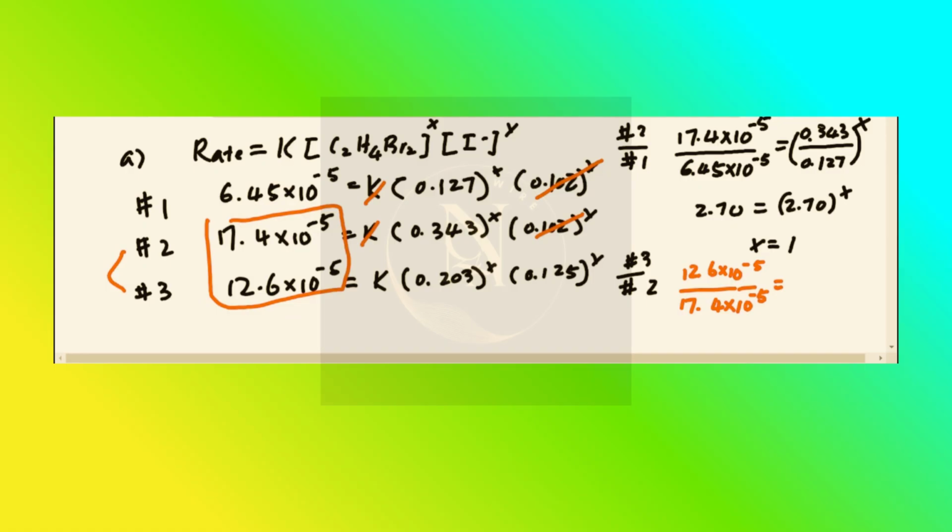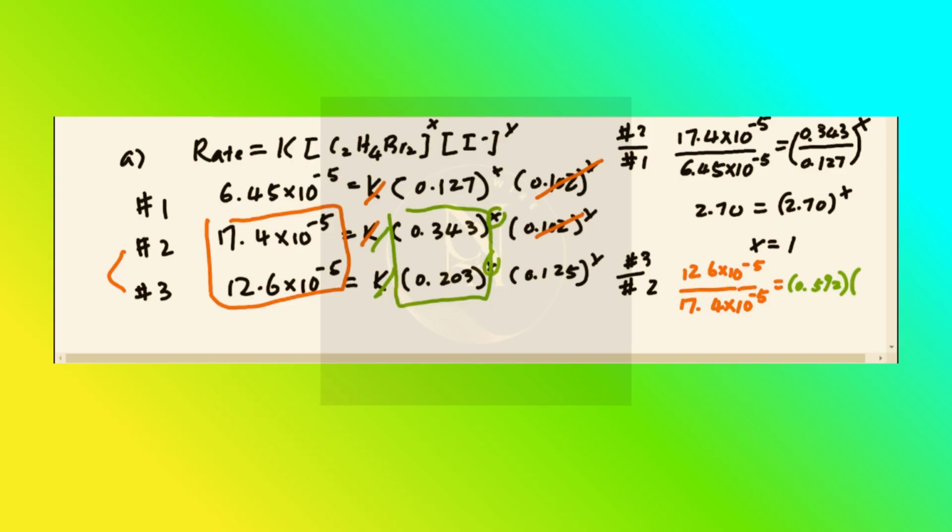On the right side, we will be able to cancel this. And remember, this is just the 1 right here. So basically it is 0.203 divided by 0.341. So that will be 0.592.